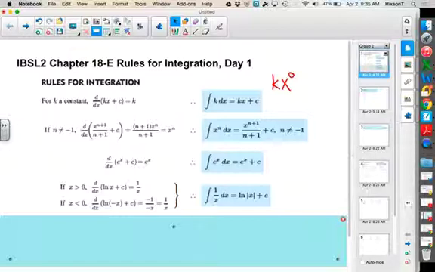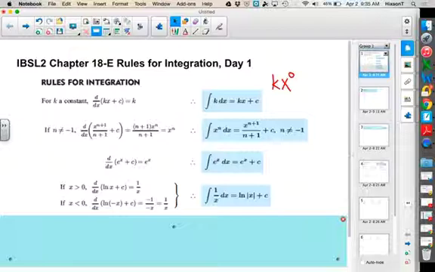Our three new ones: if you notice your derivatives, the derivative of the natural log when x is positive or negative both end up being 1 over x.